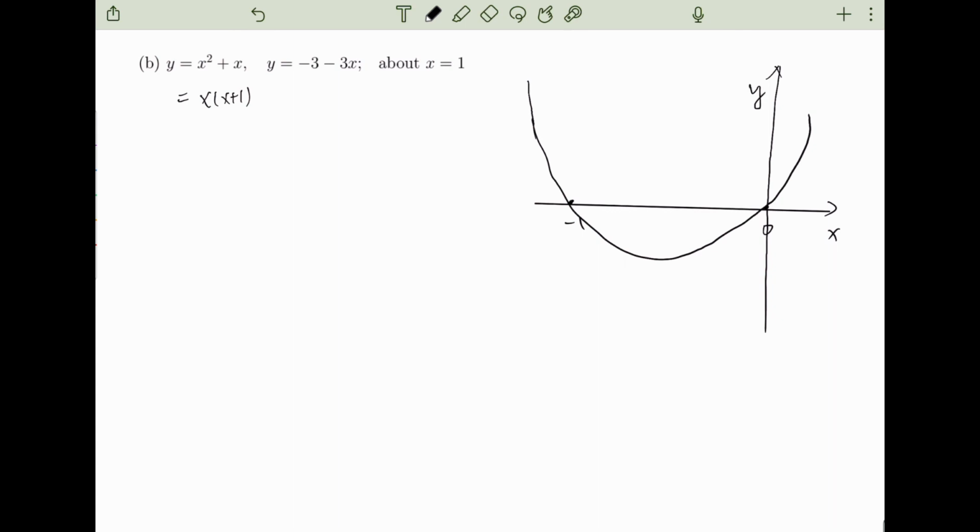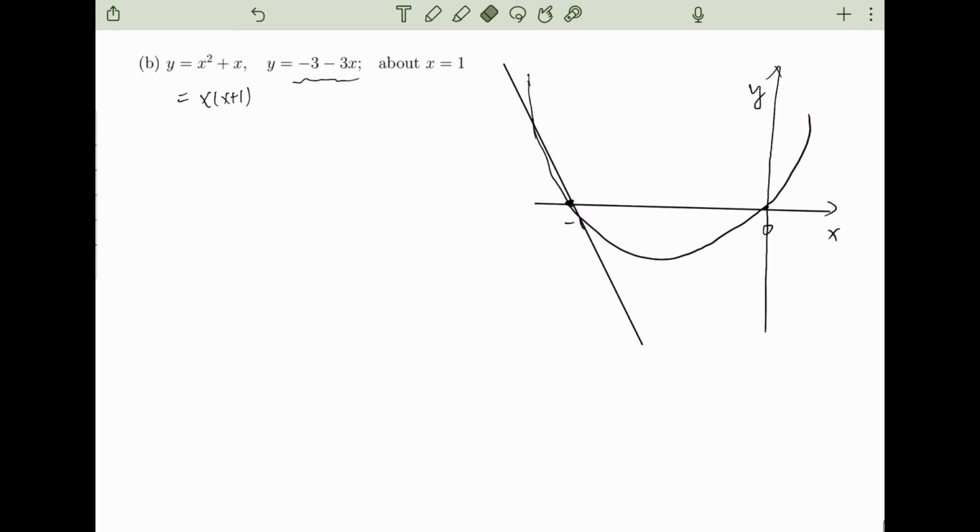And now we have also our y equal to -3 minus 3x, a straight line, also passes through this -1, 0. So the straight line is like that.